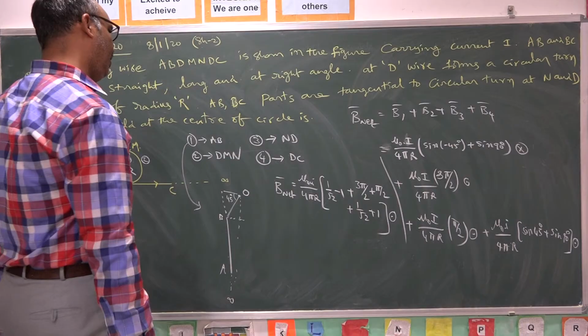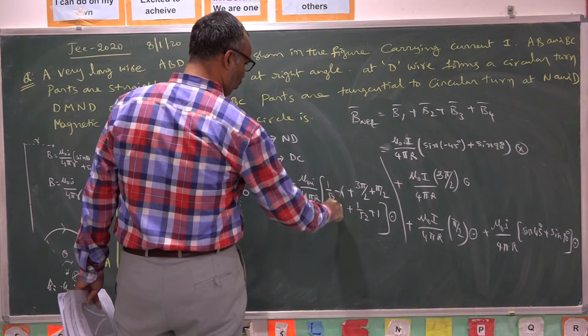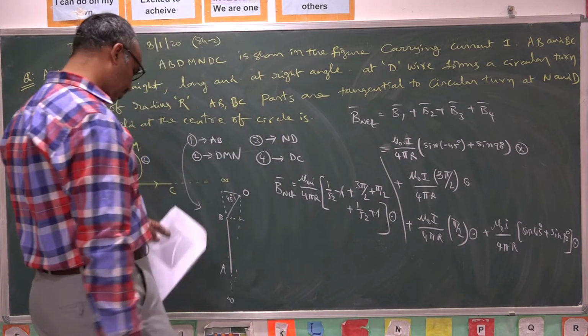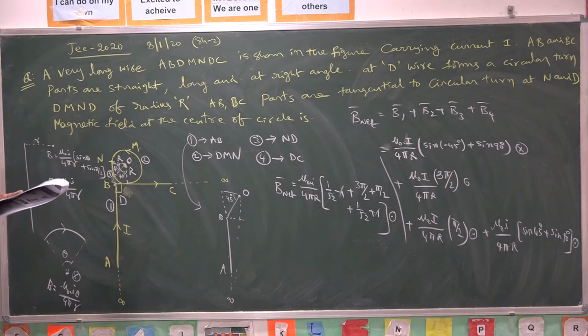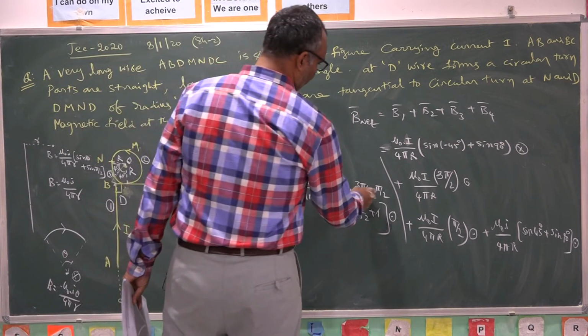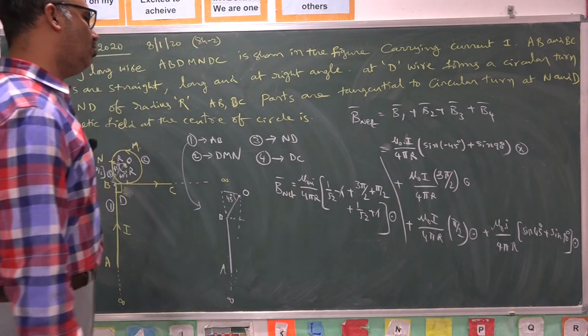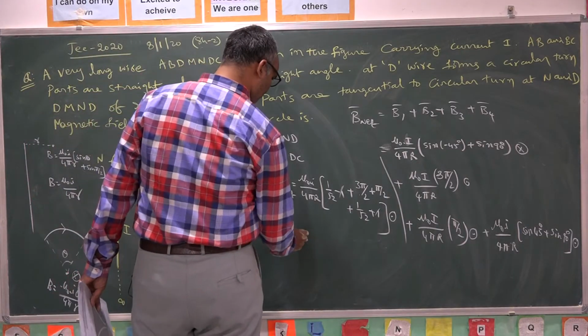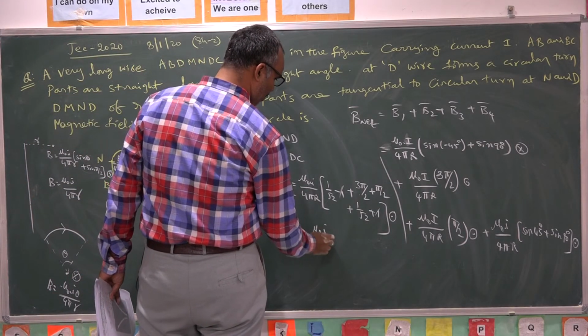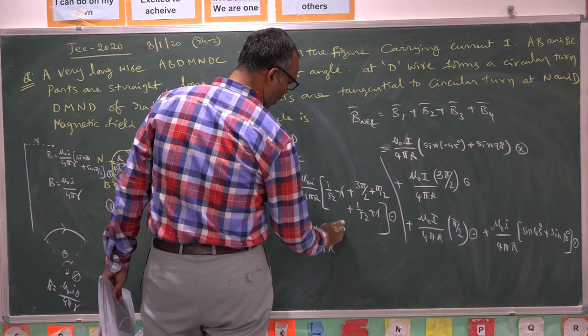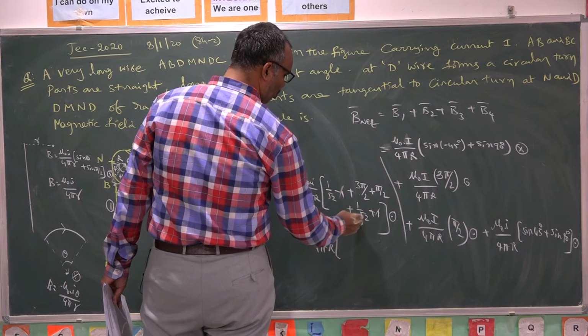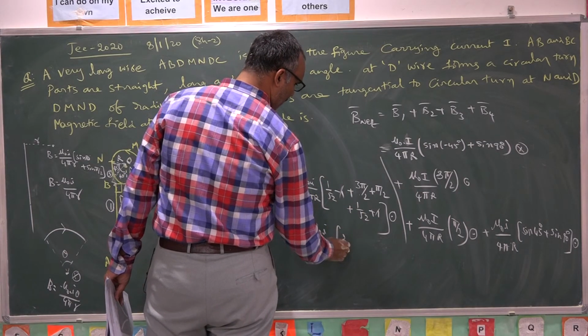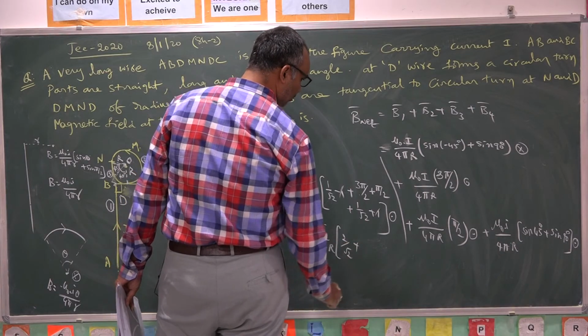So if you simplify, 1 gets cancelled. Three pi by 2 plus pi by 2, 4 pi by 2, it becomes 2 pi. Mu naught I by 4 pi r, it is 1 by root 2 plus 1 by root 2, 2 by root 2, plus 2 pi.